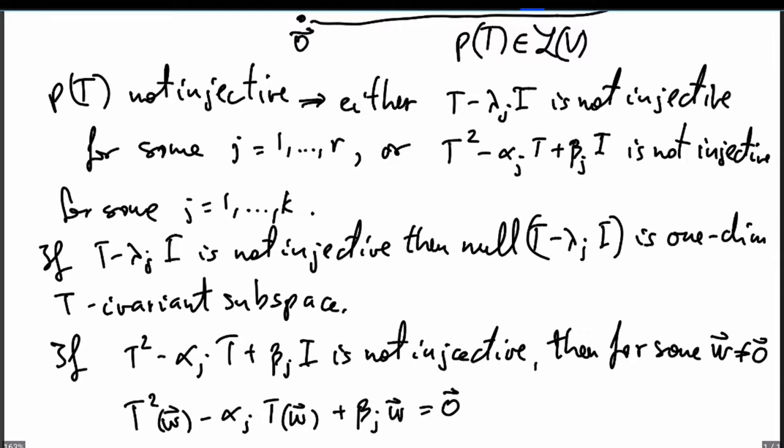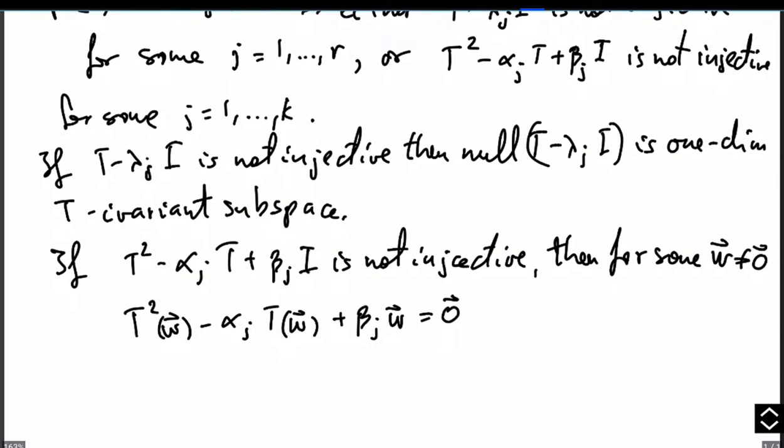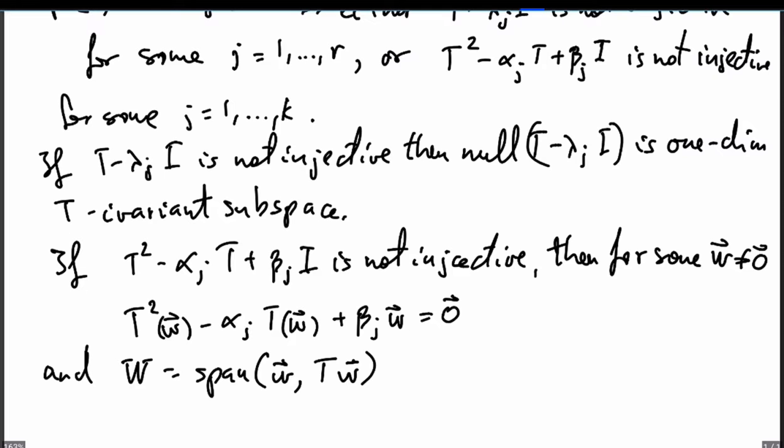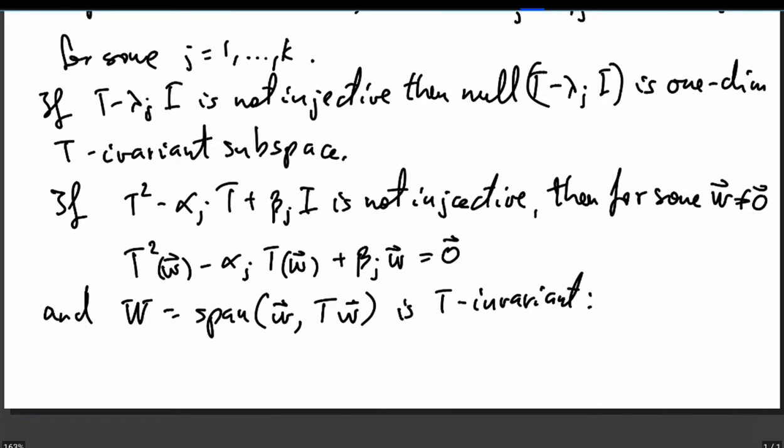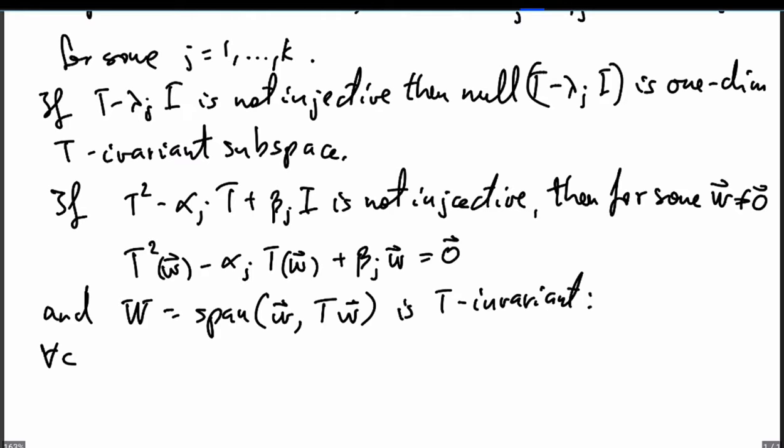And then it turns out that from this equation, the subspace, let me denote it with W, the span of this w vector and t w vector, is t-invariant. To see that, what we have to show is that for any vector in this space, when we apply t to it, we remain in this space. So in the span, we have linear combinations of these two vectors.